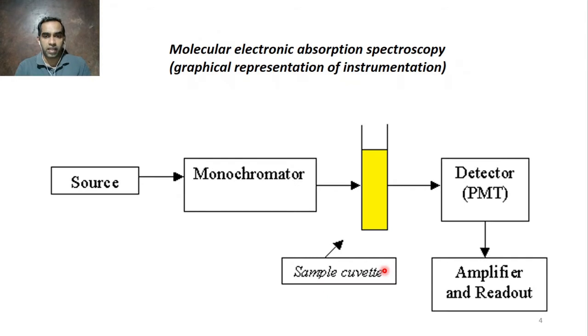Okay, going ahead, I think we have seen the instrumentation part during the discussion of Beer-Lambert's law. You have seen the sample is kept, and what the monochromator and detector are, and how exactly the spectrum is recorded.